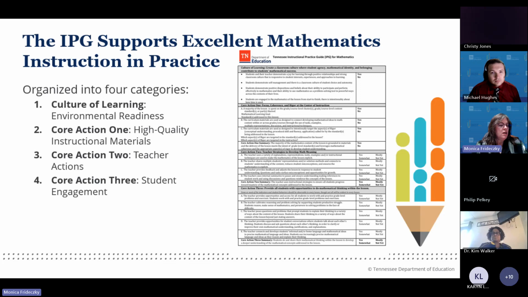The focuses are the culture of learning, using high quality instructional materials, teacher actions or teacher moves, and student practices or student actions. Today we're just going to look at an overview of that. We're not going to go through every single indicator, but this is hopefully going to help you get a strong sense of what strong math instruction looks like, so you can recognize it in your classrooms.